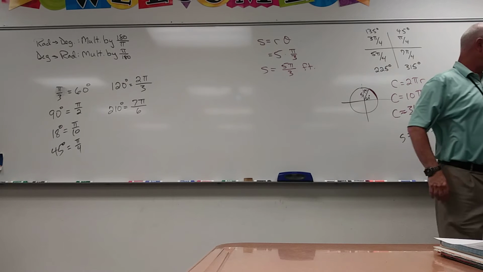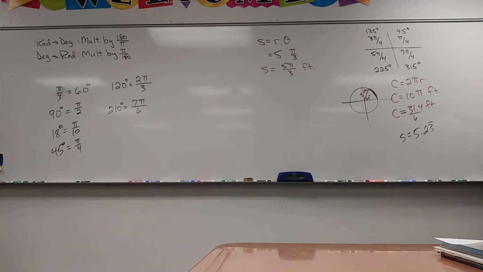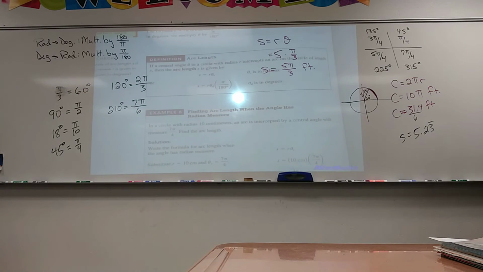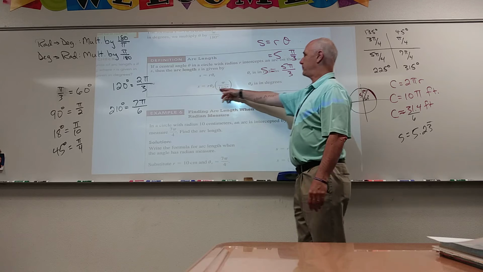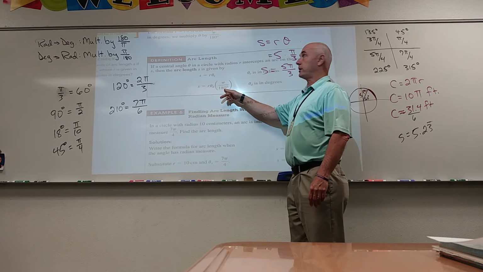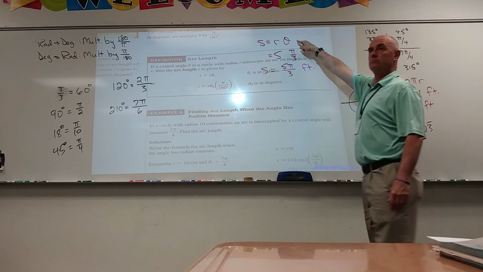But that formula, let's see, what was that formula? Pi r theta over 180. Wow, that's an interesting one. There's one in the book that says, oh, look at this one. It's basically the same thing, but it certainly looks a lot more complex.